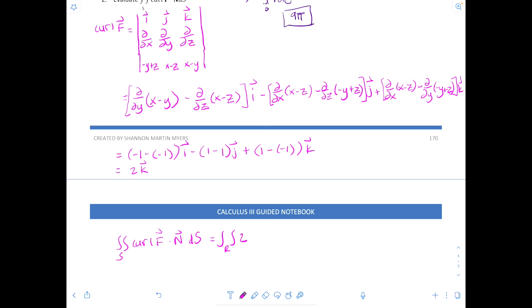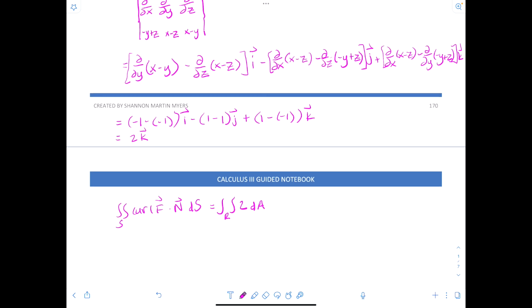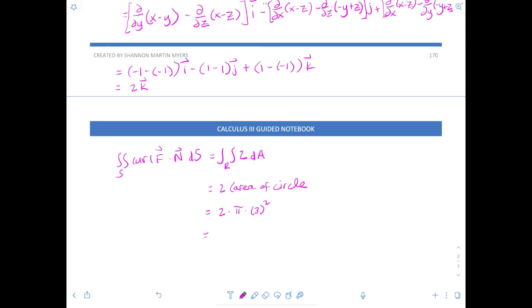You've got your height 2 times dA. And the reason I'm doing this is because we already know that the base is a circle. And so we will just end up getting 2 times the area of the circle, which of course is going to be 2 times pi times r squared, which is 3 squared, which is 18 pi.